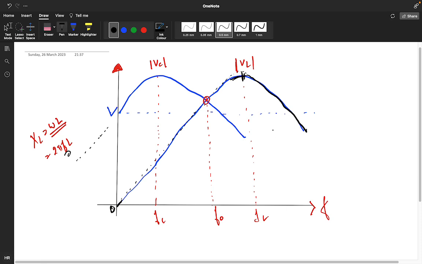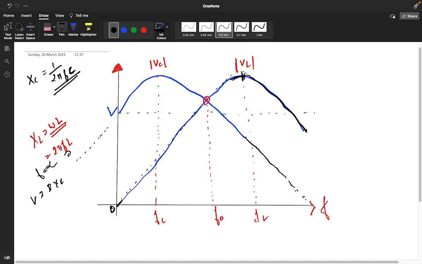Now if you go for the capacitor, what is XC? 1 by 2 pi f into C. At infinite frequency you will get the voltage value 0, because V is equal to I into XC, and at infinite frequency you are getting 0.